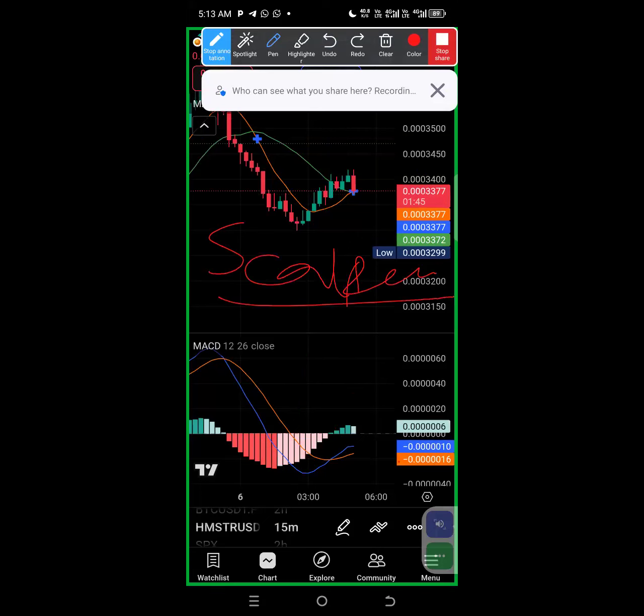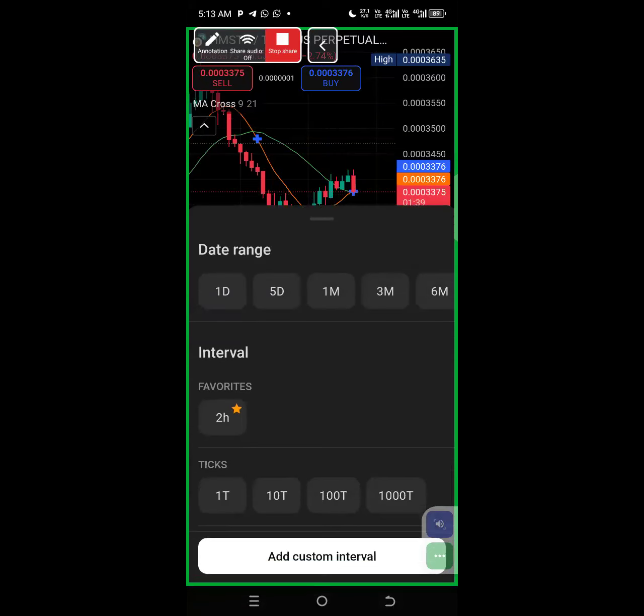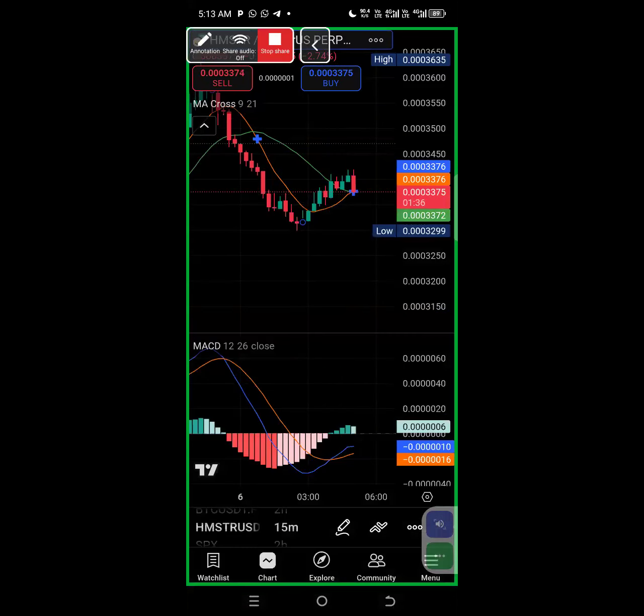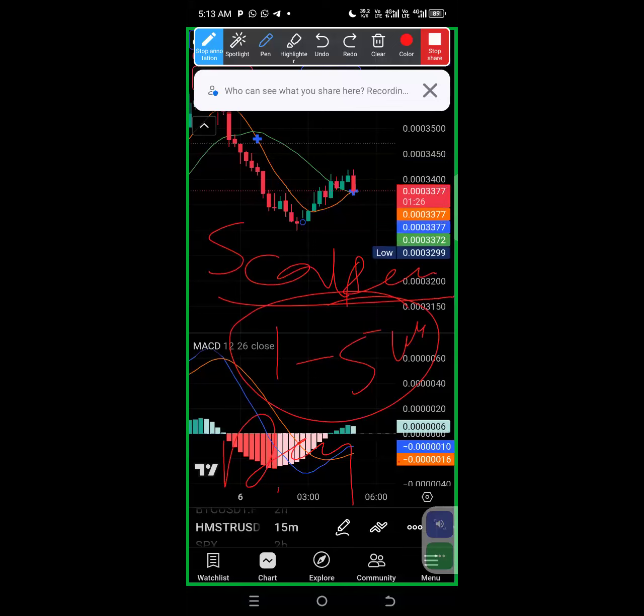A scalper may consider 1 minute to 5 minutes to make entries. But since we are day traders, a day trader may consider from 15 minutes to 4 hour time frame.